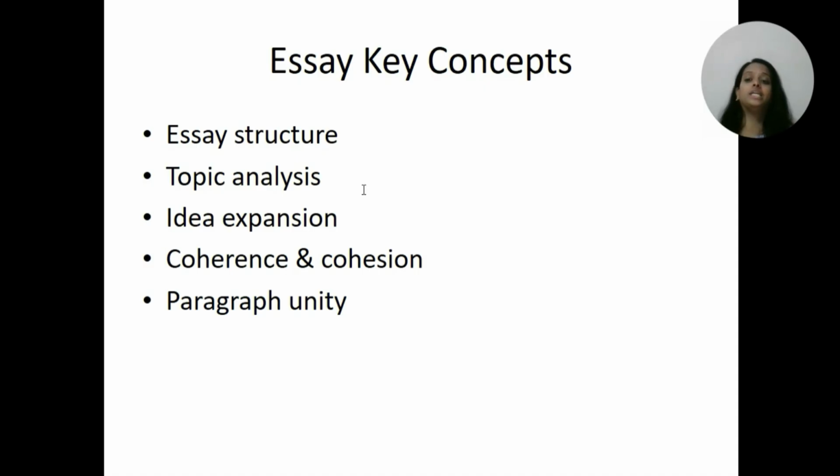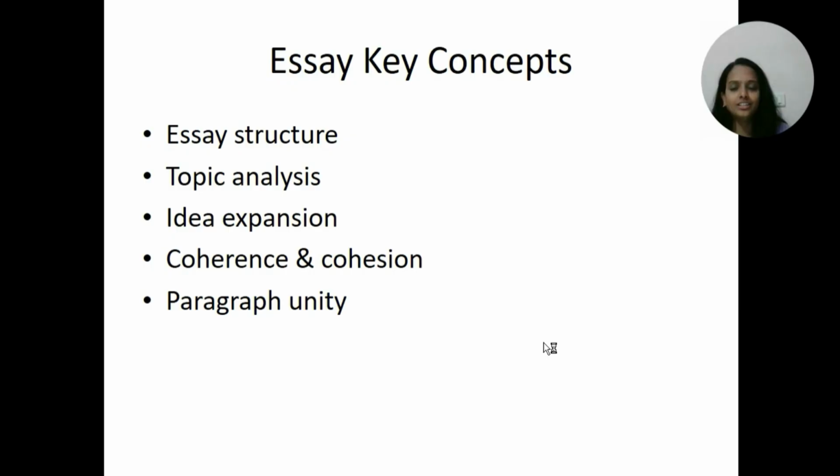Each idea must have a statement, explanation, and an example. And finally, coherence and cohesion. That means try to use linking words like firstly, moreover, however, therefore. Got it? And concept 5 is paragraph unity, which means you keep each paragraph for one main idea. Got it?